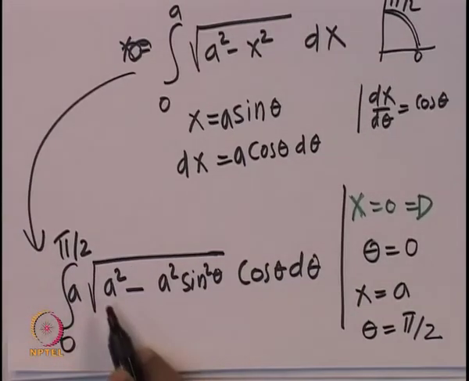Now think about what we have here. You have an a square common, so I can take a square outside.